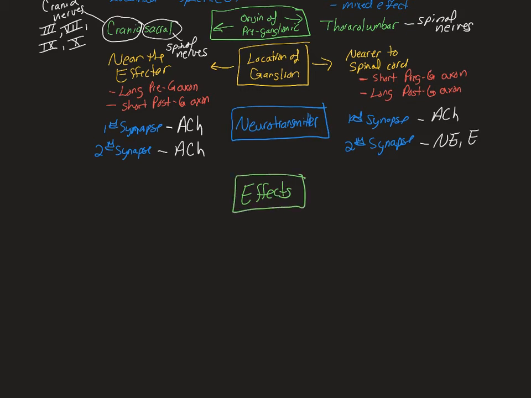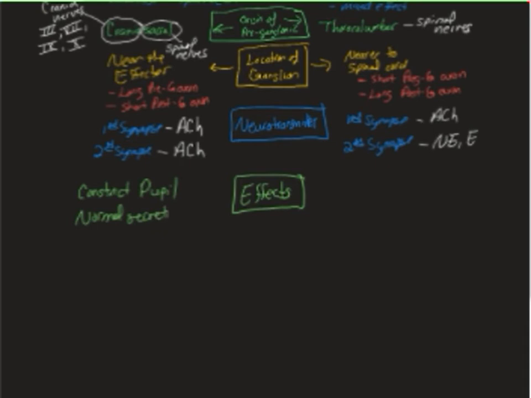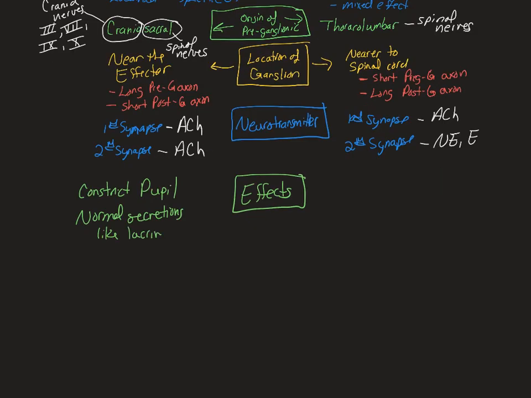Okay, so over here with the parasympathetic, things that I like to remember is that it helps with constricting the pupil. Okay, so it makes it smaller. It's going to do normal secretions for various glands like the lacrimal and the salivary.